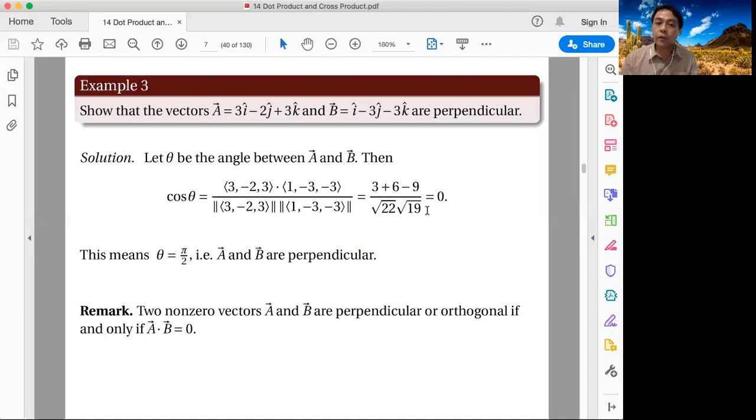If the dot product of two non-zero vectors is 0, then the two vectors are perpendicular or orthogonal to one another. Now, let us be careful here. It doesn't mean that if the dot product is 0, one of the vectors is already 0. You can have two non-zero vectors and their dot product is 0 provided that these two vectors are orthogonal.